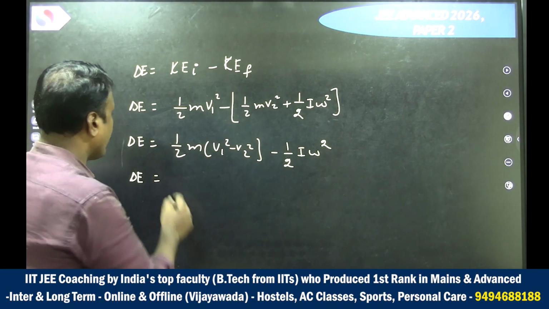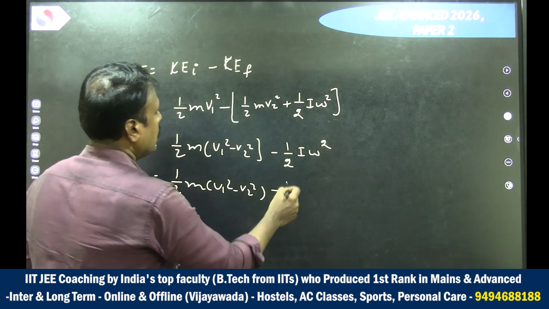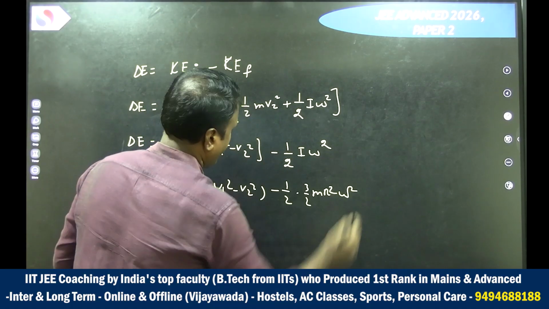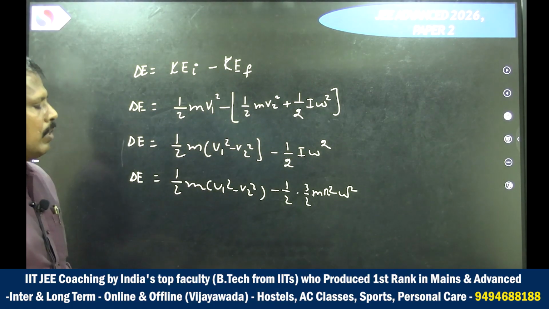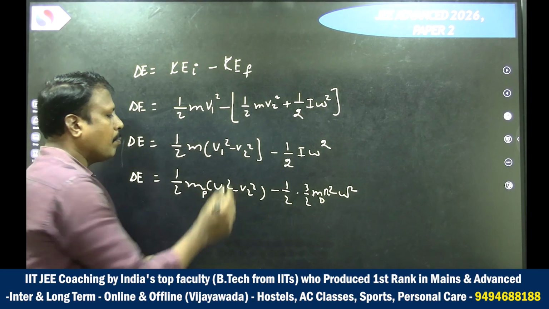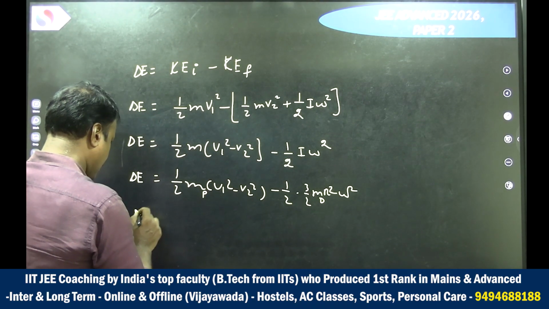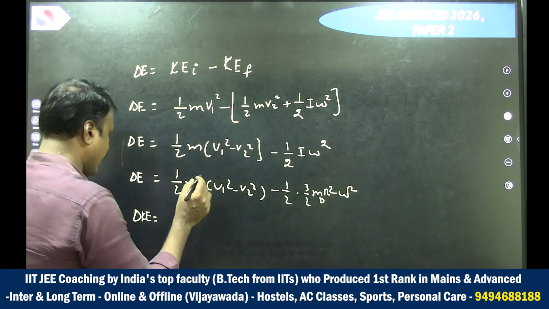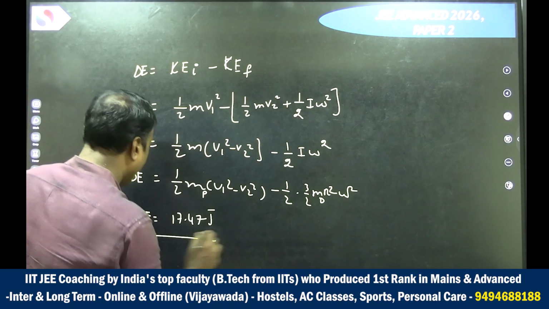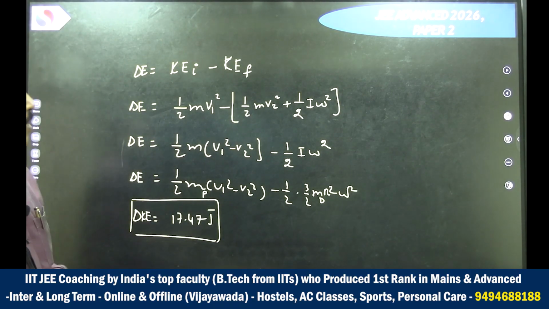In place of I, you can take 3/2 m r square. Here capital M is the mass of the disk, and small m is the mass of the particle. After substituting all these things, because all the values we are well aware of, this particular value we will get as 17.47 joule.